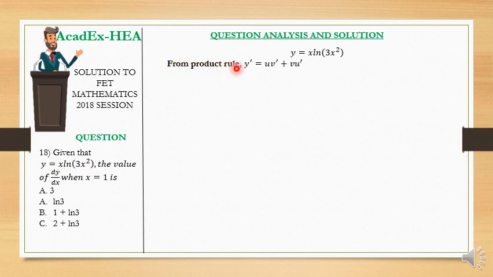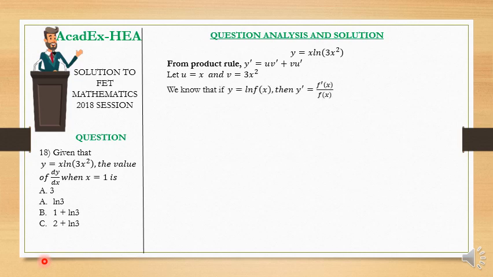By product rule, y prime is equal to uv prime plus vu prime. So we are going to let a function there to be u and the other one automatically to be v. So let's let u to be x and v to be ln 3x squared.